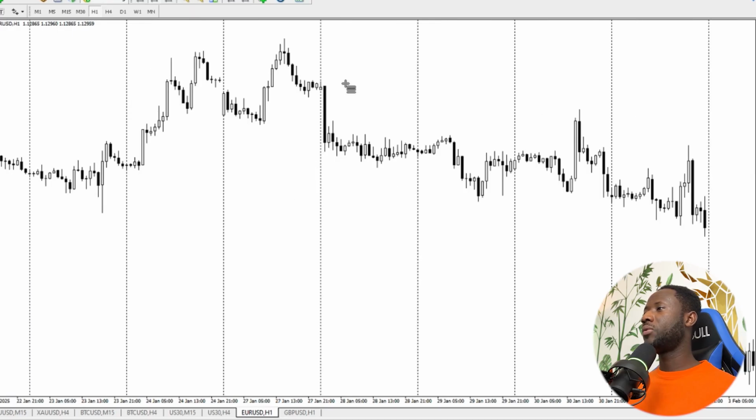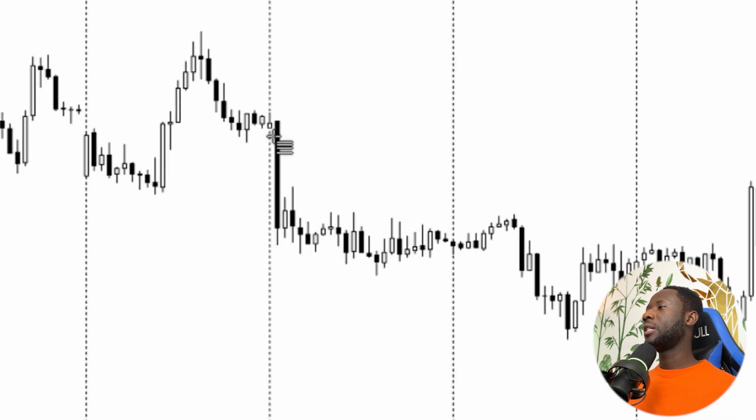Guys, let's look at some examples with fair value gap. In the previous video we talked about fair value gap being the space that is formed between the previous candle, which is this one, and the candle after the bigger candle. This is the space that is formed between the two.